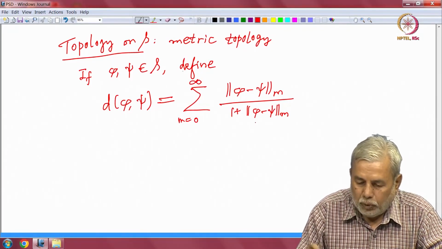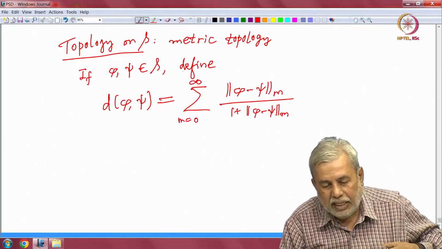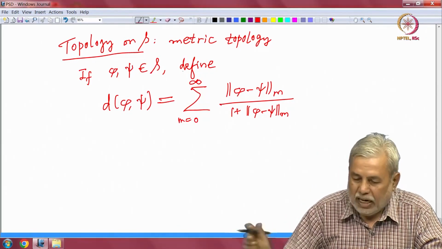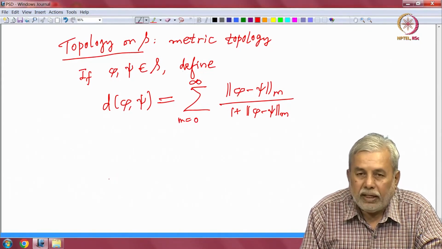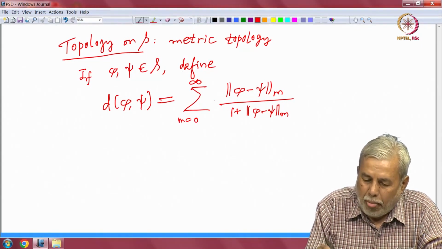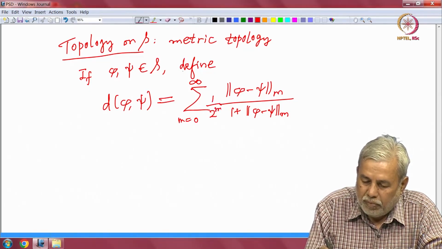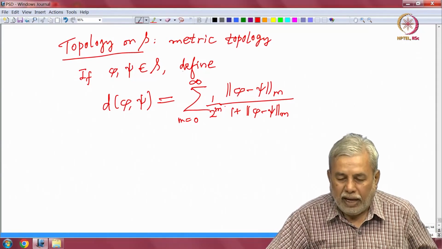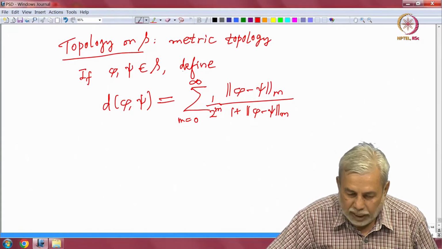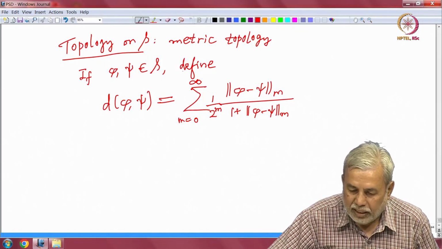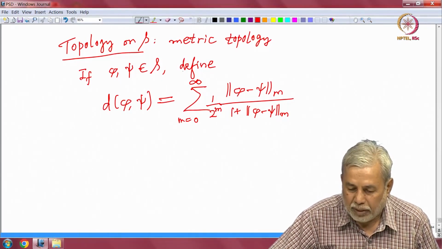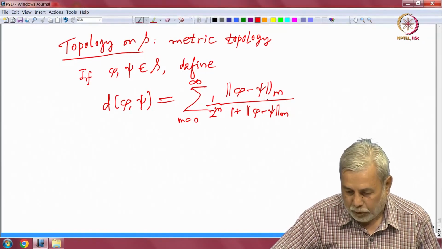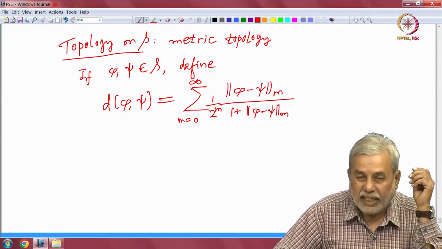Okay. So, every term in this series is less than or equal to 1, but still it may not converge. So, it is a series of positive real numbers. So, you put a converging factor. Okay. So, we can again choose a different factor here, any convergent sequence. So, you can make that less than or equal to 1 by 2^m. So, it is finite.